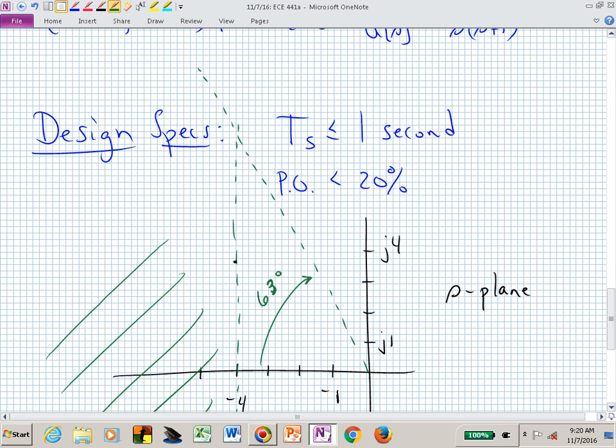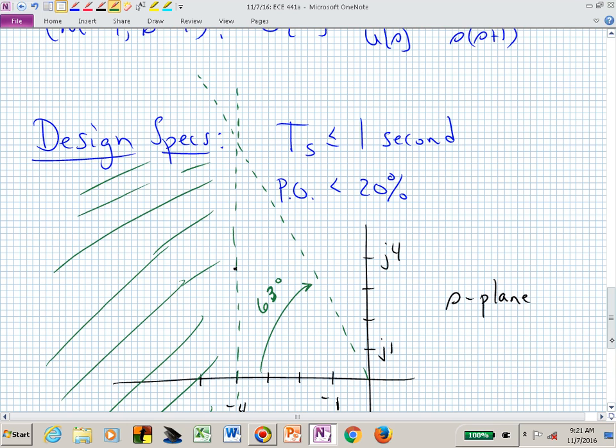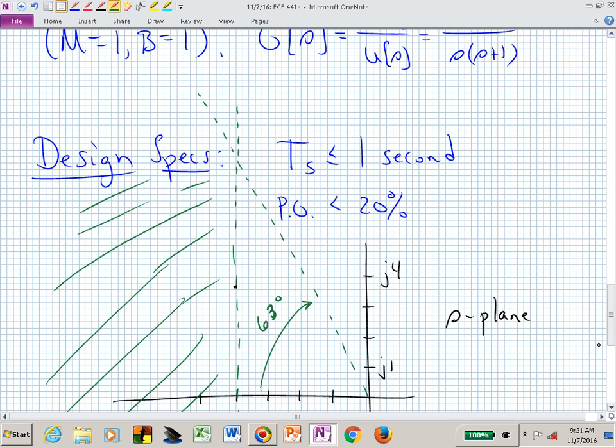And we can take the intersection of that sigma value and 63 degrees and say I want to end up with my dominant poles in the intersection of this vertical line and this angular line. And it's maybe hard to see because I'm getting into my wording on my design specs.